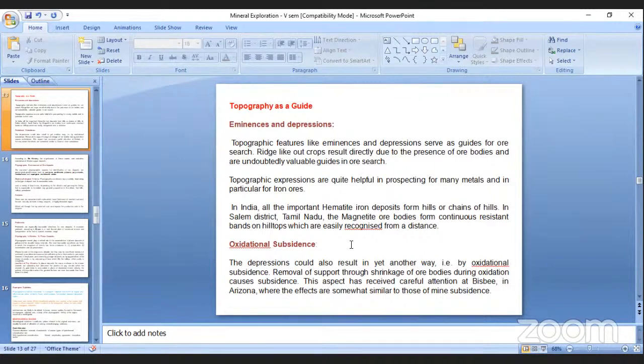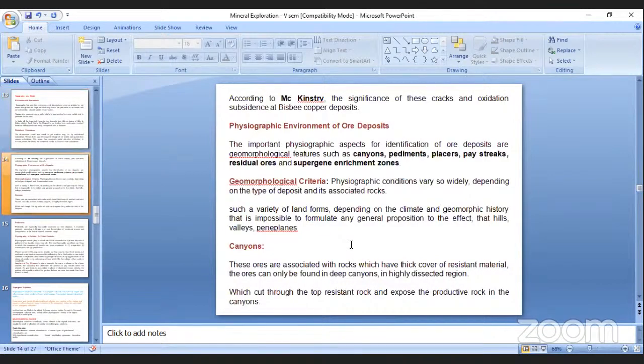If it is a mineralogical deposit, it goes down, or a slight movement will happen in the deposit. This aspect has received careful attention at Bisbee in Arizona, where the effects are somewhat similar to those of mine subsidence. And according to McKinstry, the significance of these cracks and oxidation subsidence is obvious at copper deposits where they are found.